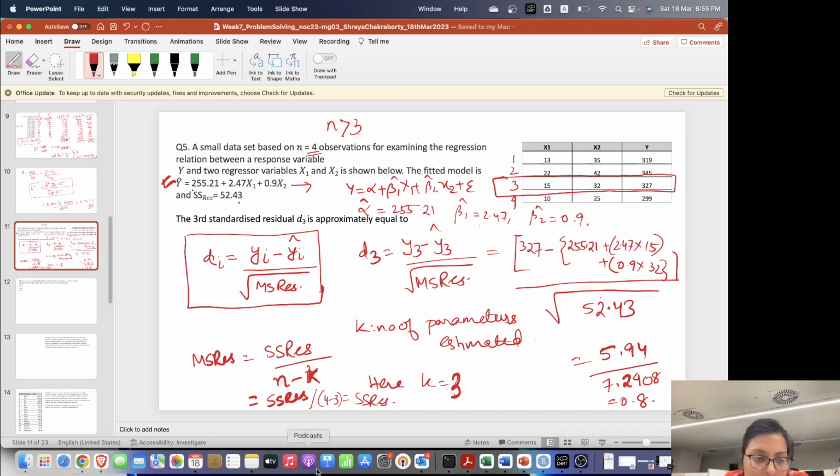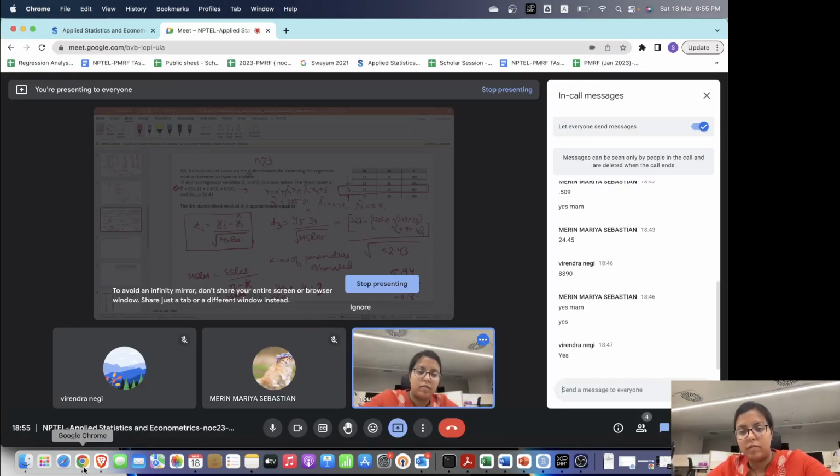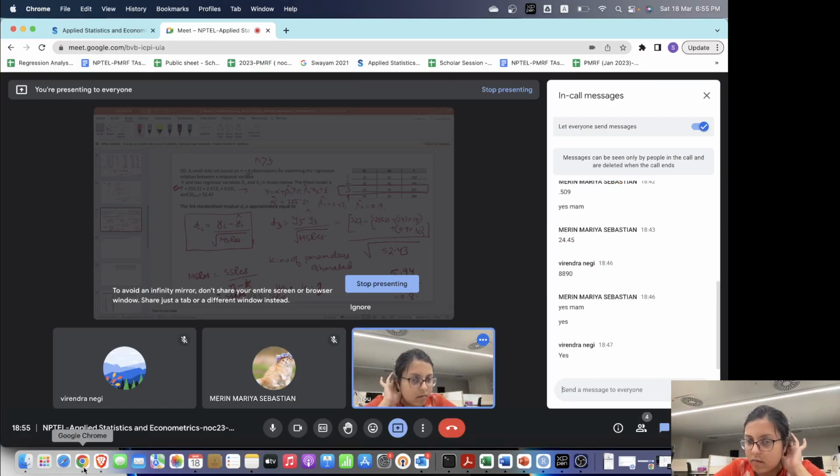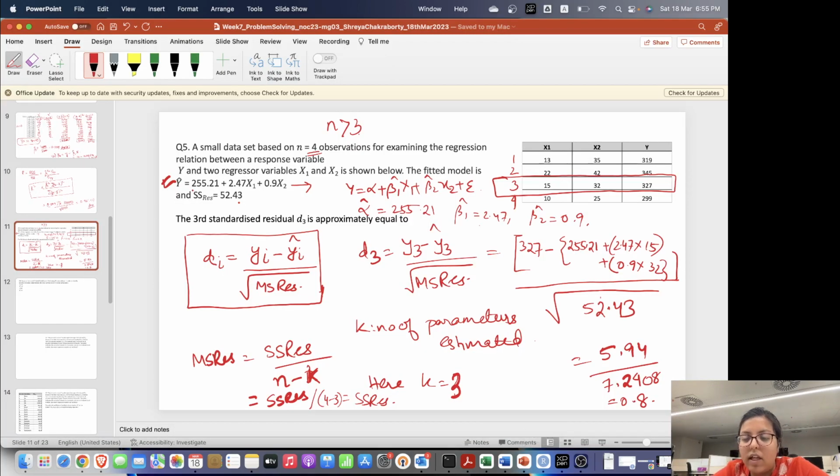Then what will be your answer? So the answer is it is not likely to be an outlier because the standardized residual is close to 0.